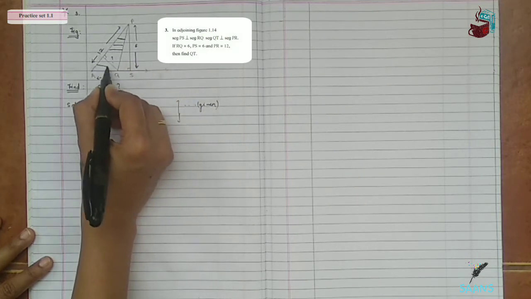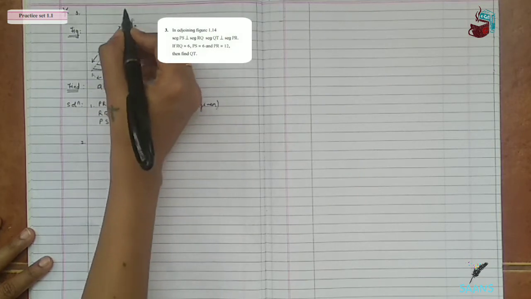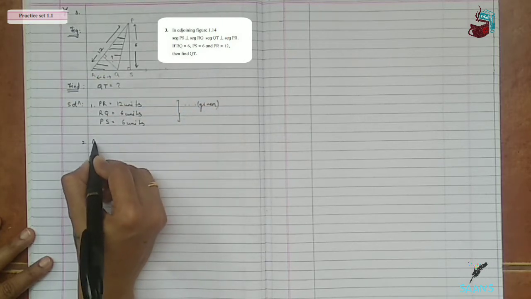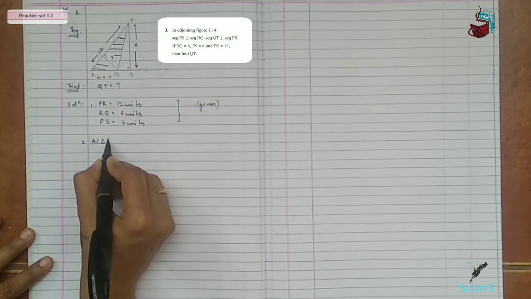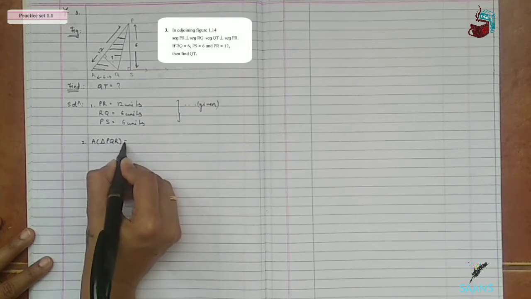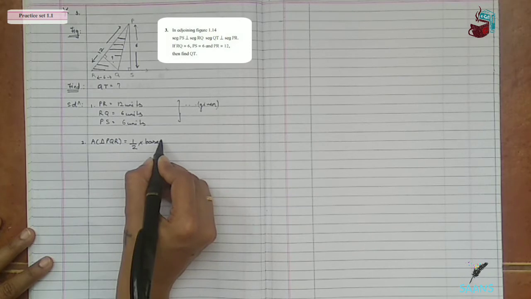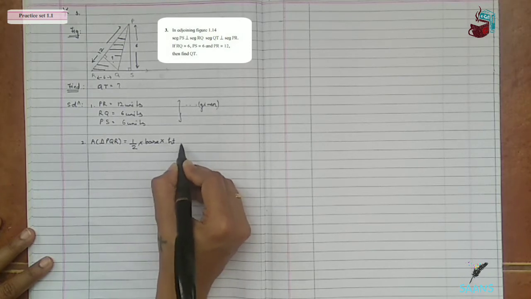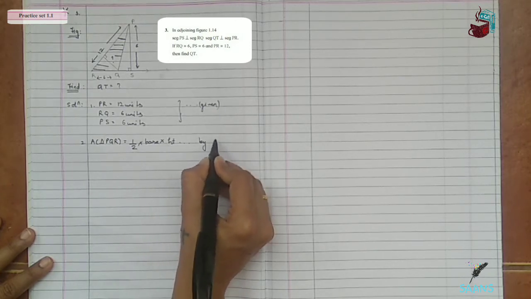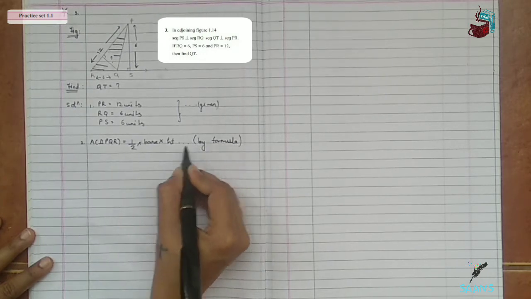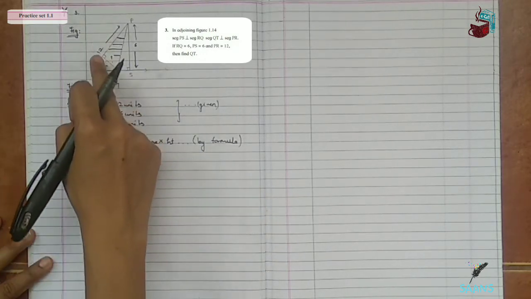Second step, as I told you, let's find the area of triangle PRQ. Let's find the area of this triangle. Okay, this PRQ or PQR. So area of triangle PQR can be written as half into base into height, that is by formula. Okay, therefore first we'll consider this part.